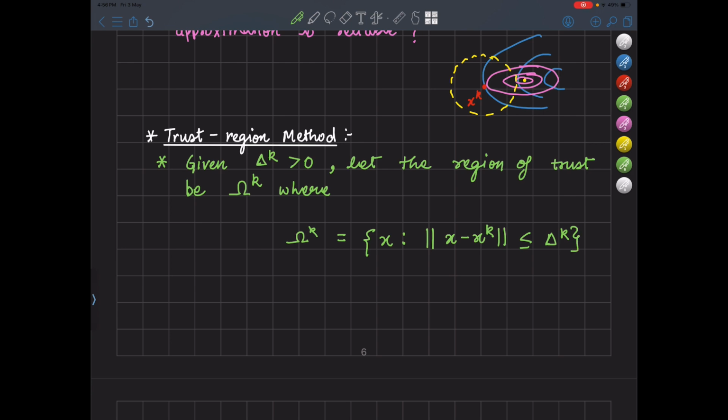So it's basically a ball of radius delta k surrounding xk. This is the region of trust.